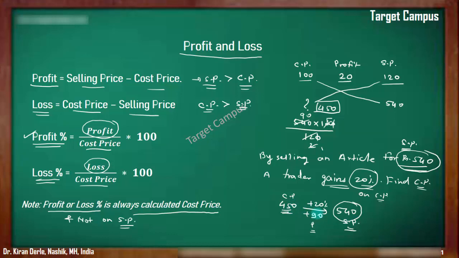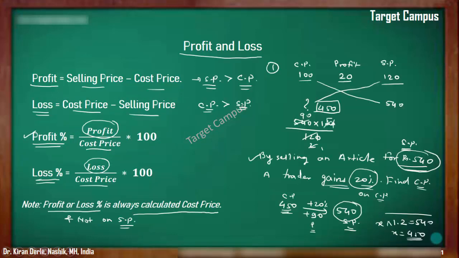This is one way of doing this kind of question. Or else, if the gain is 20%, you can simply make an equation like this. Let's say x is the cost price, so x into 1.2, because 20% is the profit, is equal to 540. By solving for x, you will still get 450.